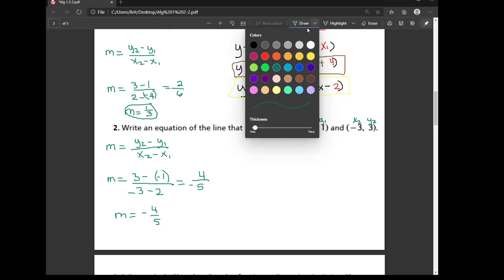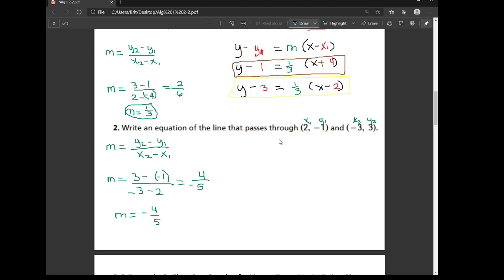Then I can go ahead and create my little templates. Since I have the equation written above us on the screen, I'm just going to write 2 templates, one for each point. And in those templates, I'm going to fill in the slope I just found, so I'm going to put the -4/5 right here.